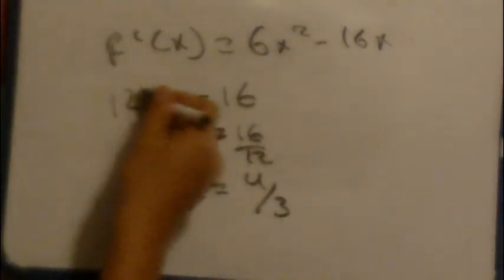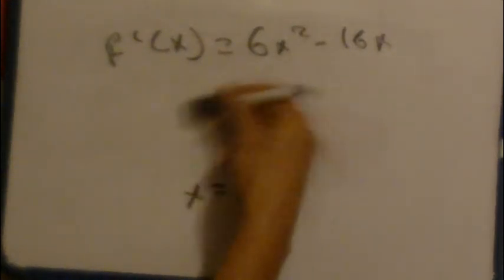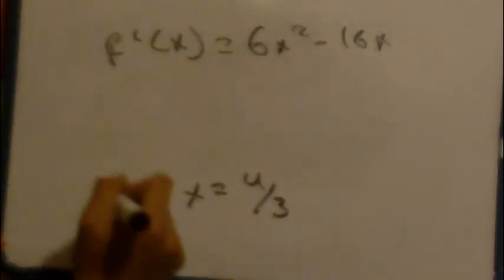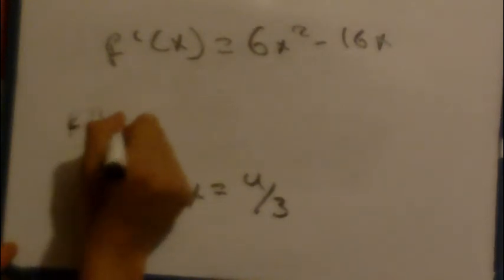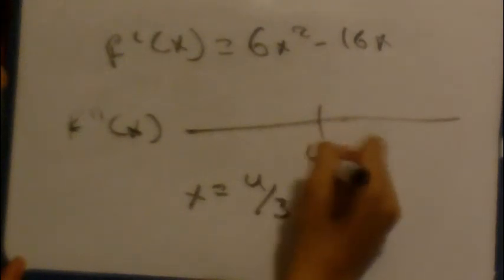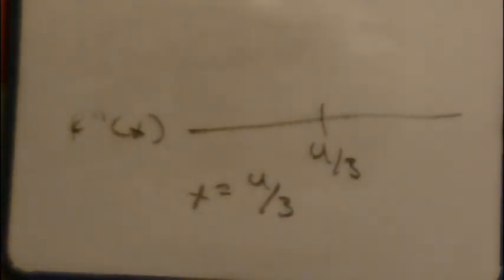And now, plug that into the second derivative number line. With 4 over 3 being our only point, since it's our only point of inflection. And we plug it into our second derivative.